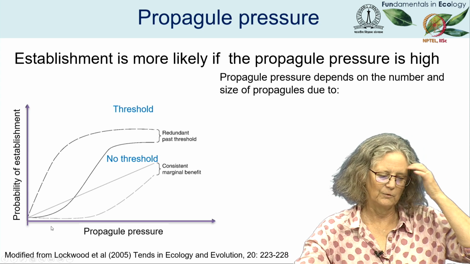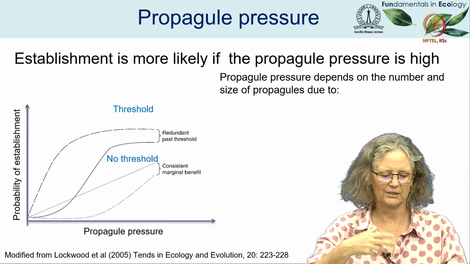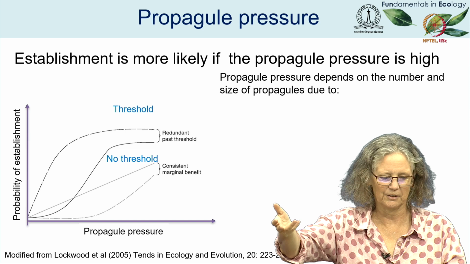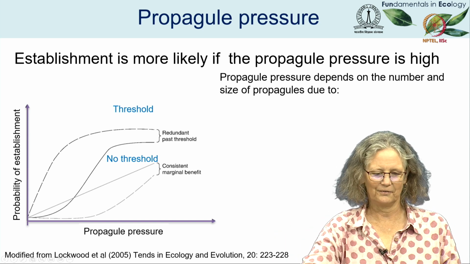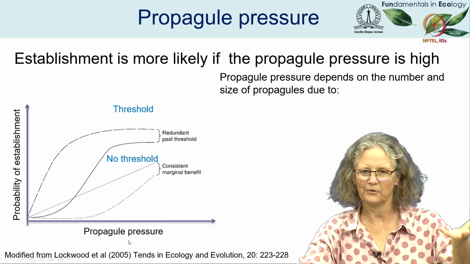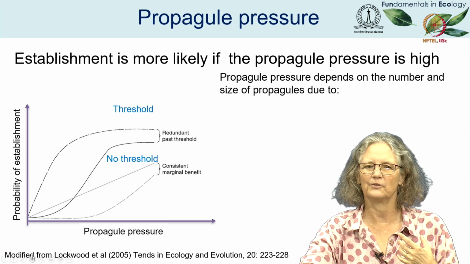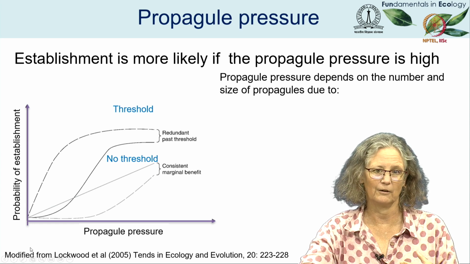Versus a simpler situation in which the probability of establishment just keeps increasing with the propagule pressure. And not shown on this figure is the situation in which propagules arrive but they don't establish. We're going to talk later about situations in which the natural environment resists establishment of propagules.